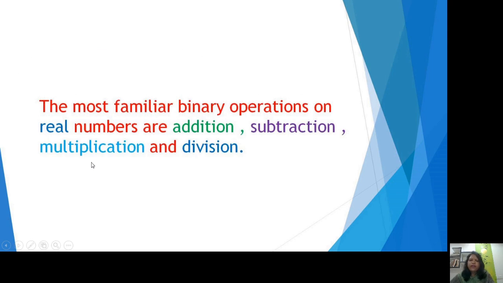Now if we take the set of real numbers, then for real numbers addition, subtraction, multiplication and division are all binary operations, because in a binary operation the domain set will be the set of pairs such that both the elements in the pair are real numbers.